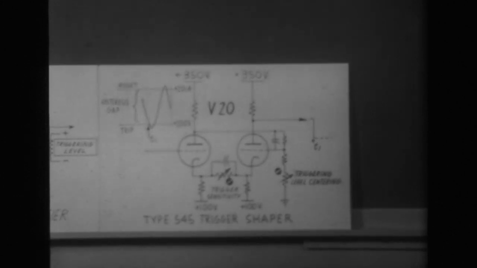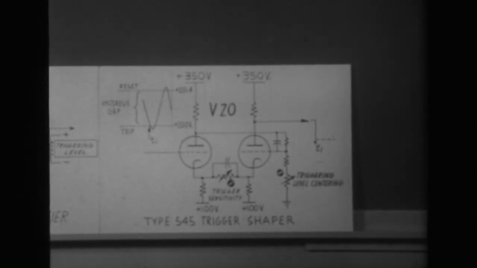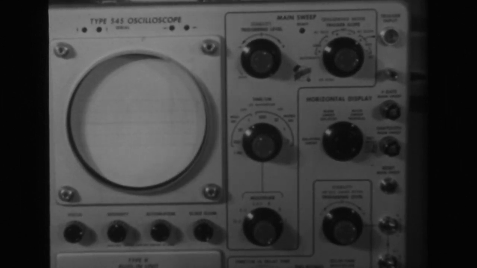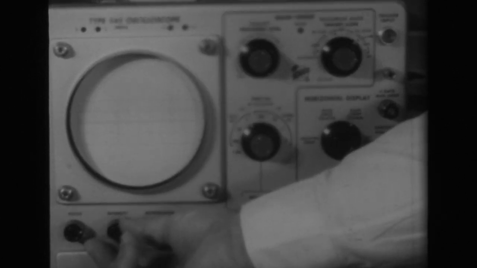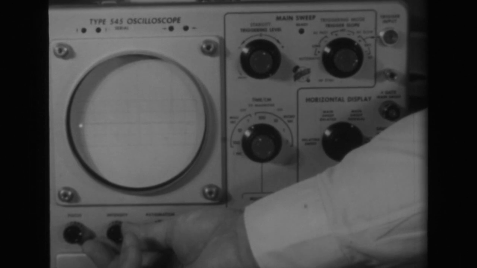Next, let's turn now and make a demonstration on the scope itself. To start an actual adjustment on the oscilloscope, let's preset the front panel controls to the proper positions. First, turn up the intensity control until a visible spot can be seen on the cathode ray tube.